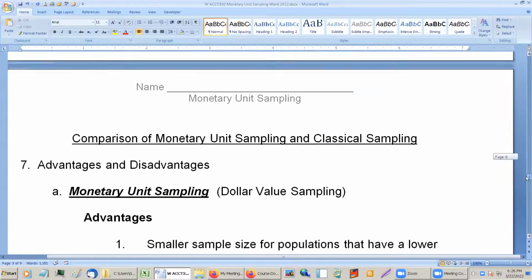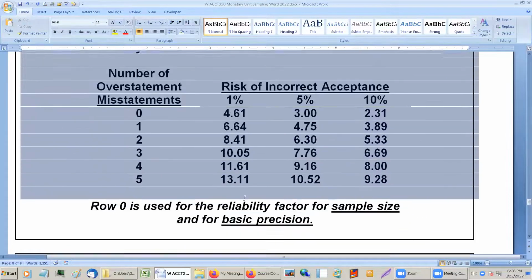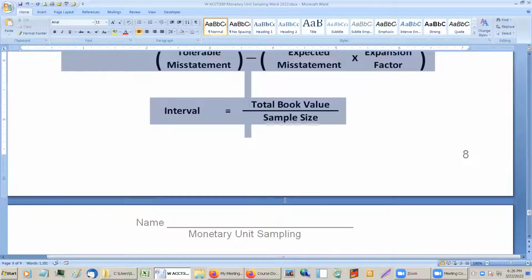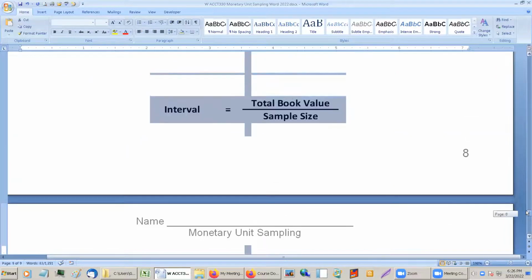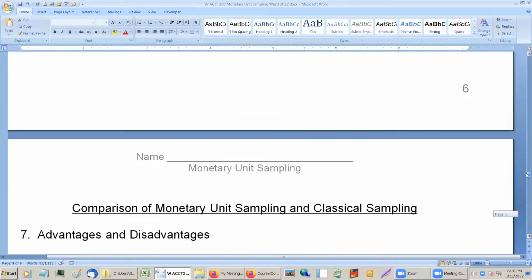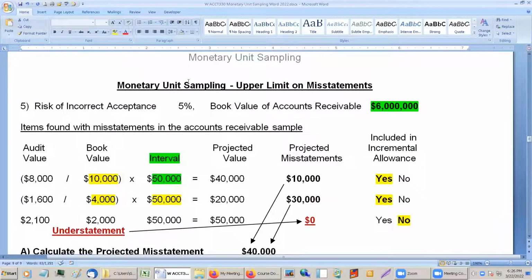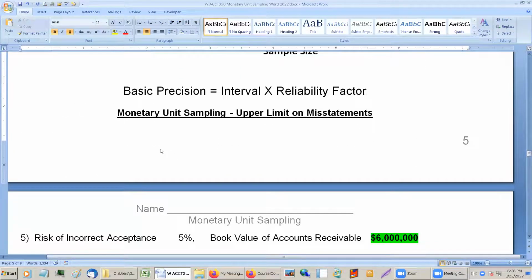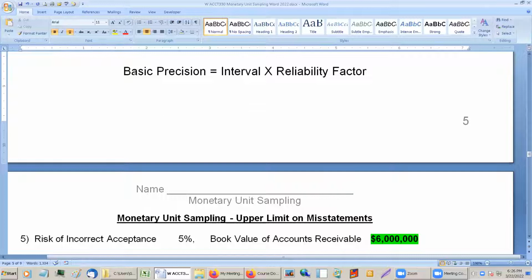I think I'm going to cheat. Copy this. Just to get a little closer. Okay.